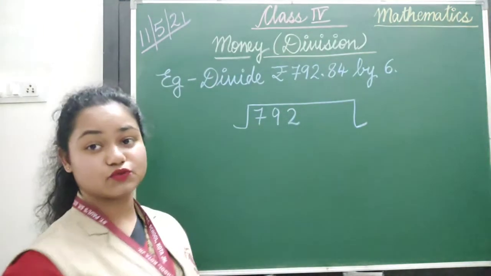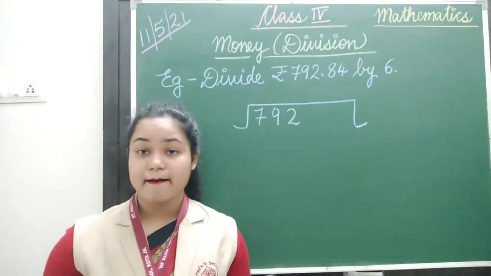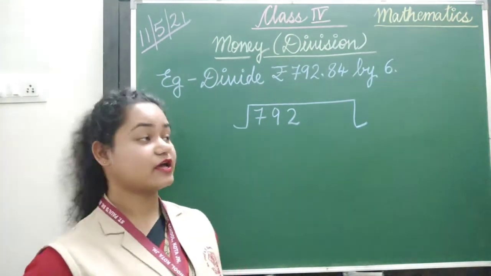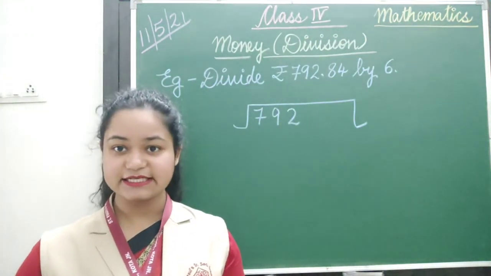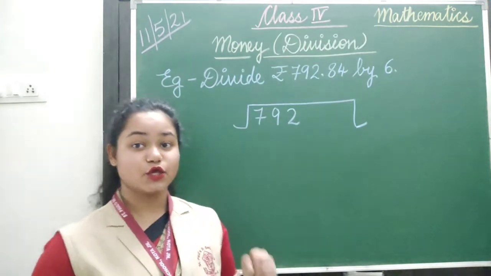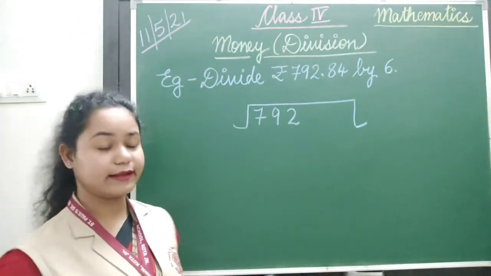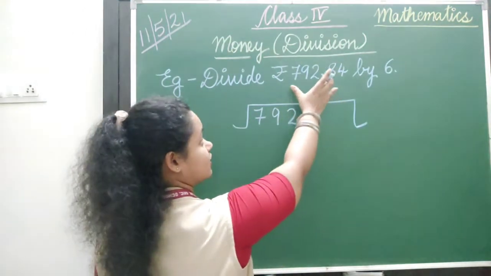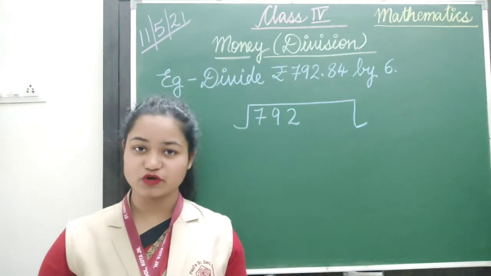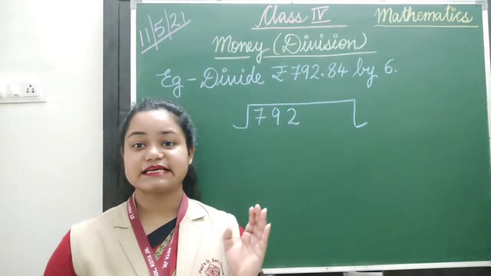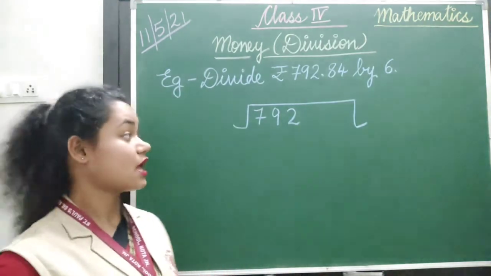One more thing, my dear students: in last class you learned about the multiplication of money, and now in today's class you are going to learn about the division of money. If only rupees is given to you, it is very easy to divide. The division is same as you did in class 3. Understood?